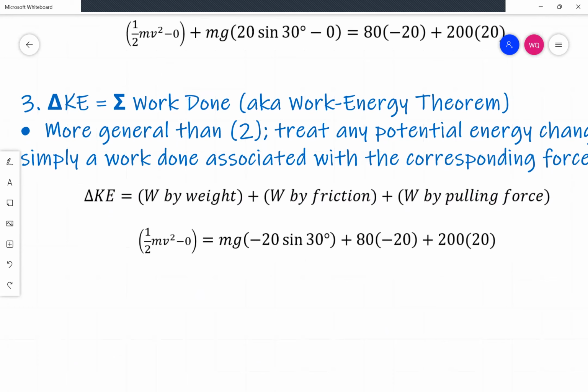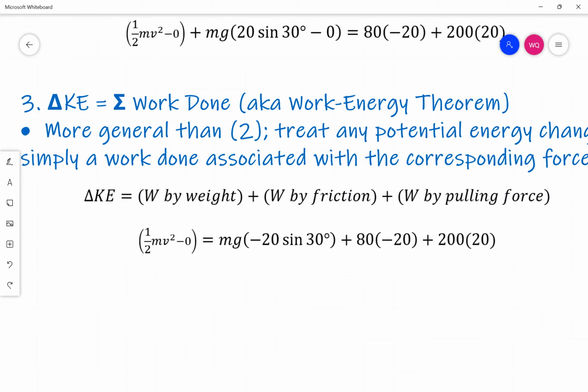Lastly, the third formulation, sometimes we call it the work energy theorem. It is sort of like treating KE as the only pure real energy, and all other energies, including potential energy, are simply work.